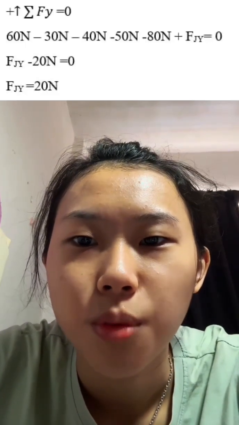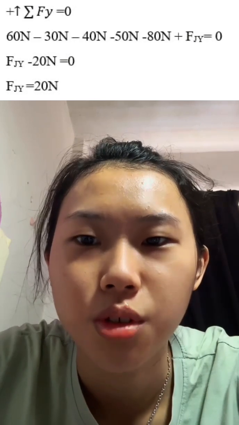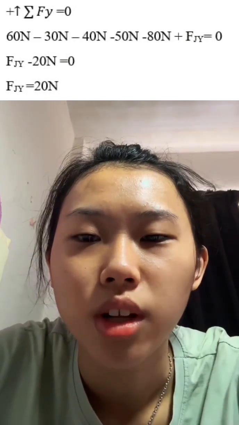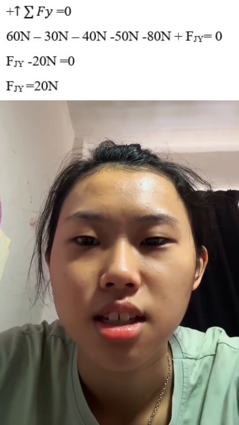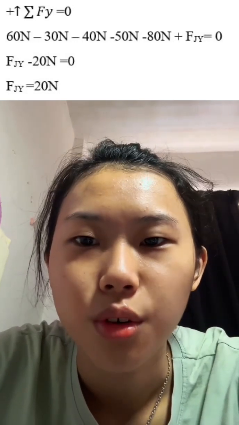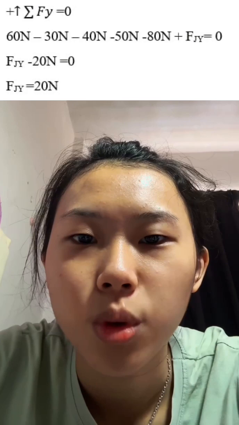To calculate the unknown forces, we need to use the formula summation of force equals 0. When the summation of force on the y-axis is 0, we get the value for the force Fjy, which is 20 Newtons.